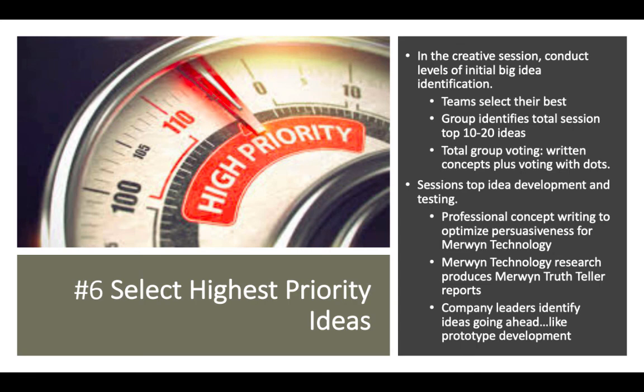And we're professionals both in what Merwyn Technology tells us about the science of persuasion, but just having done many, many, many of these. So you really want professional concept writing to optimize the persuasiveness of your idea while telling the truth, the whole truth, and nothing but the truth. Okay, then Merwyn Technology Research produces the Merwyn Truth Teller reports, and then with that information you can work with company leaders to identify which ideas you want to go ahead with, like prototype development.